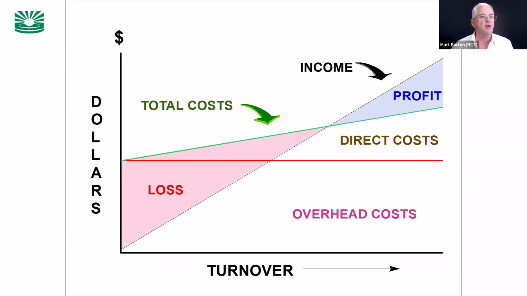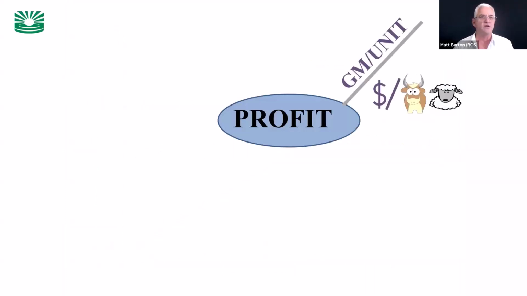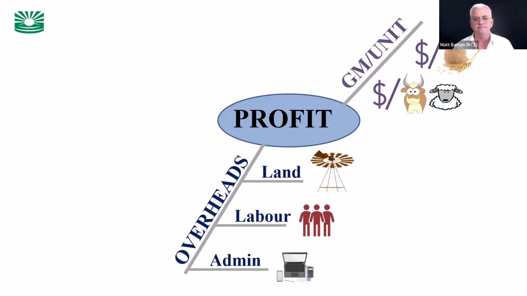And we can start to get a mind map of what the profit is. So we've got gross margin per unit. So that's dollars per head or dollars per hectare that we're making from our production systems. Then we have our overheads, and our overheads can be classed pretty easily with land, with labour, and with admin.